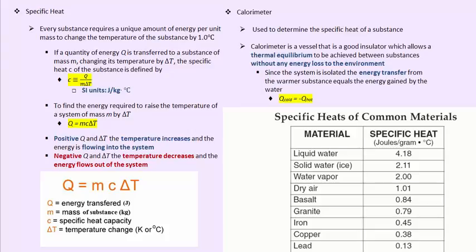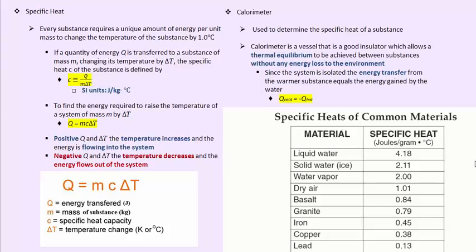In order to determine the specific heat of a substance, we use a calorimeter, which is a vessel that is a good insulator, which allows a thermal equilibrium to be achieved between substances without any energy lost to the environment. And since this system is isolated, the energy transferred from the warmer substance equals the energy gained by the cooler substance, which is water in this case.